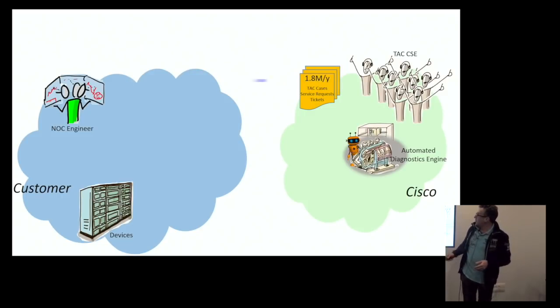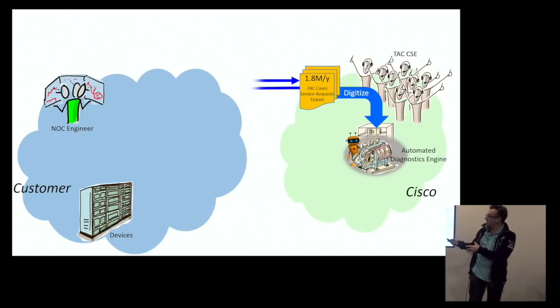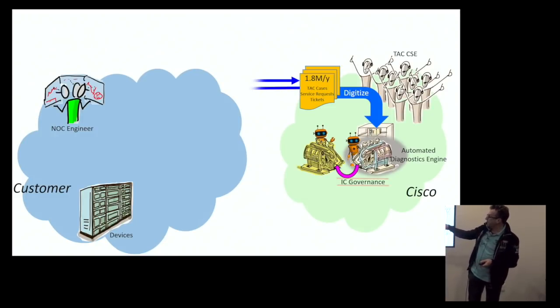And we do have cases coming in, getting digitized. The very first thing we did was mirror the internal machine with a light IC governance, just to make sure that typical engineer April 1st jokes are not appearing straight to the customer.